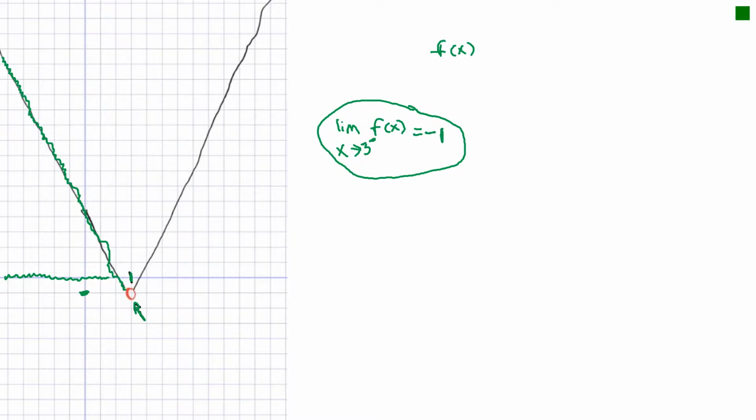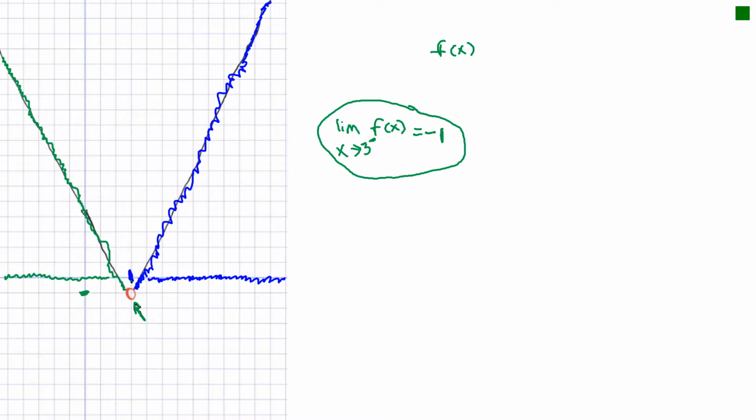We could also approach the same value, but we can say we're coming from the right-hand side. And if we approach from the right-hand side, we're basically going to end up stopped in the same location. But how do we represent that? Notice that all of the x values that we're looking at as we approach are positive values.